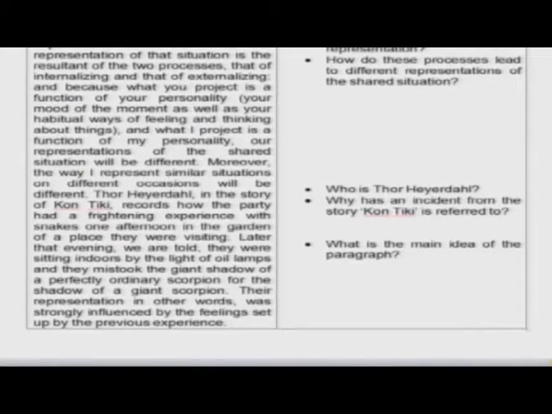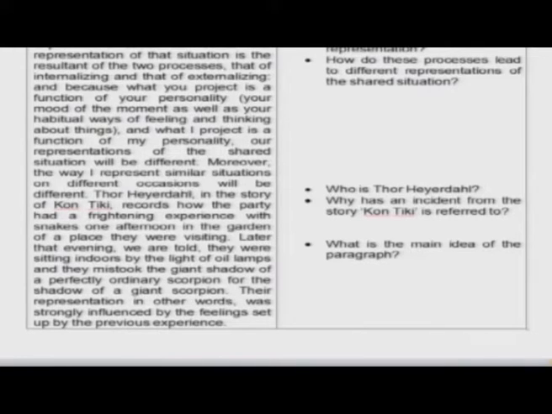And because what you project is a function of your personality, your mood of the moment as well as your habitual ways of feeling and thinking about things, and what I project is a function of my personality, our representations of the shared situation will be different. Moreover, the way I represent similar situations on different occasions will be different.